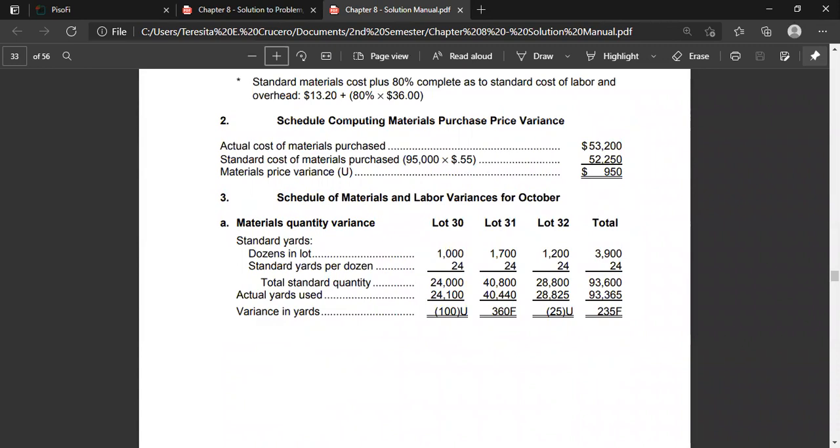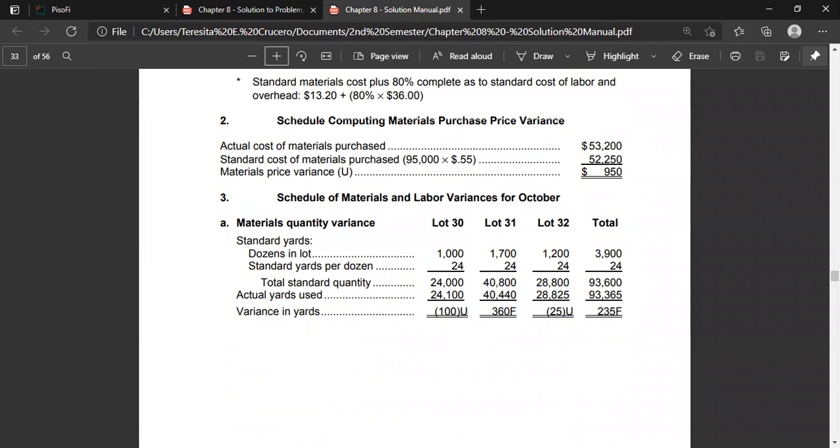Then the schedule computing the material purchase price variance. The actual cost of materials purchased is given at 53,200. That's the actual cost of materials bought.